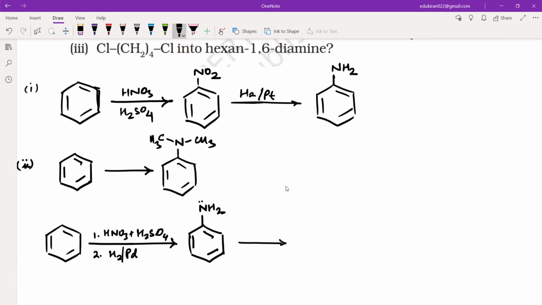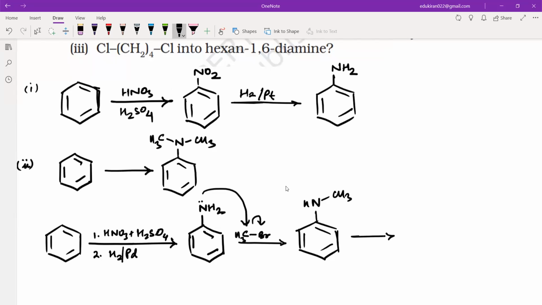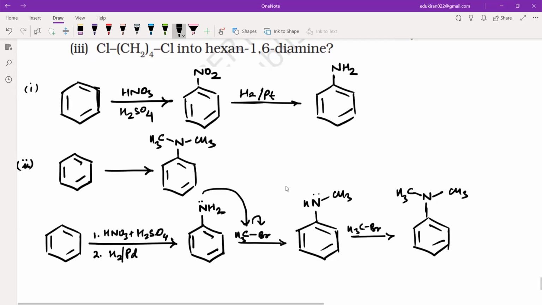So if I treat this with CH3Br, this nitrogen is going to attack on this carbon, the bromine will leave, and you will be getting first of all CH3. If I treat this again with CH3Br, then again this lone pair is going to attack on the CH3. And we are going to get nitrogen attached to 2 methyl groups and a benzene group. Okay.